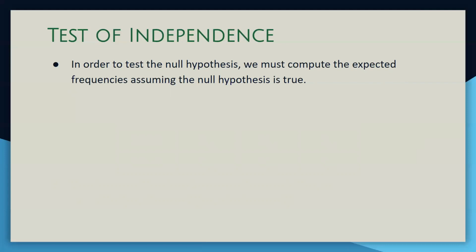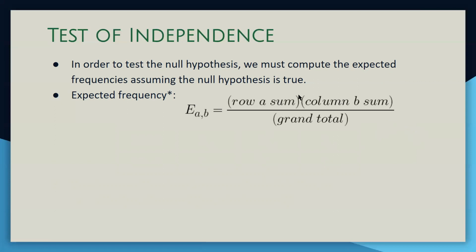We then need to calculate expected frequencies, assuming that those two variables are independent. There is a formula for this. To calculate the expected value for each cell in your contingency table, you take the row sum times the column sum and divide it by the grand total, the overall sample size.